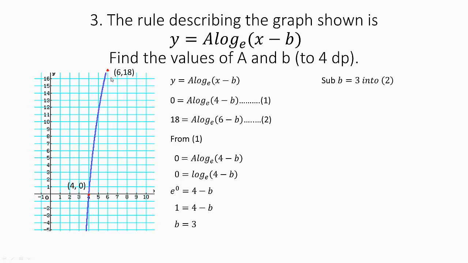I can then substitute that back into equation 2. With b equals 3, 6 minus 3, 18 equals a log base e of 3. A equals 18 divided by log base e of 3. Put that into my calculator, 16.38.